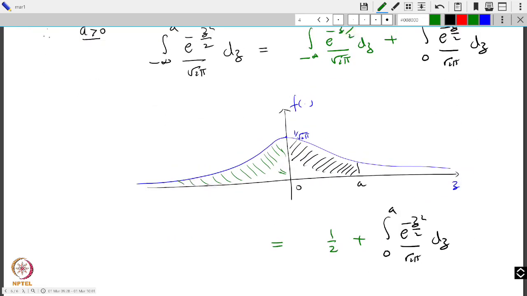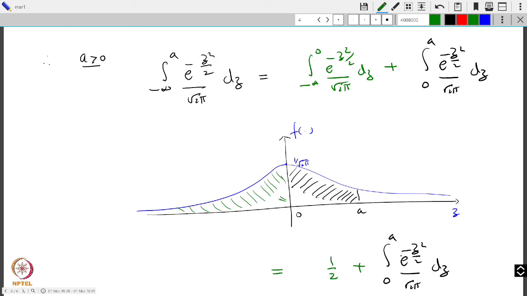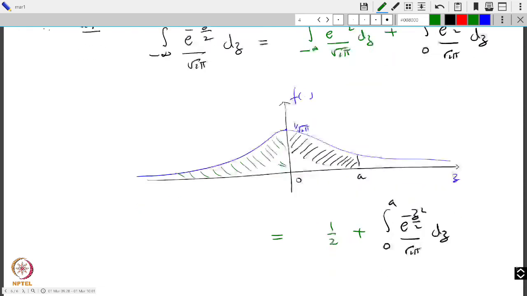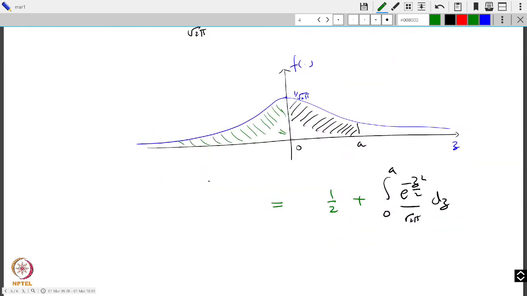So again, if I know the values of the integral from 0 to a of e to the minus z squared by 2 over root 2 pi dz, then I can find out the integral from minus infinity to a of e to the minus z squared by 2 over square root 2 pi dz, which is equal to this.